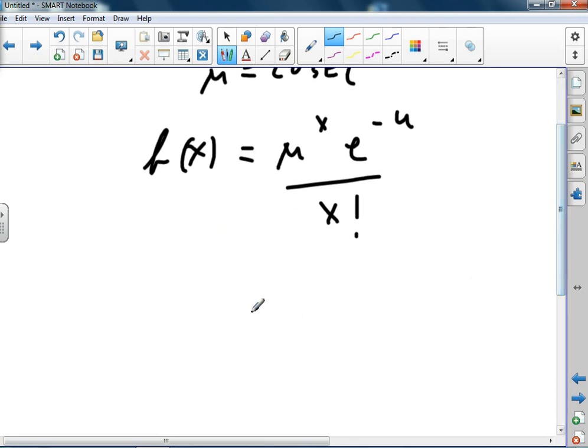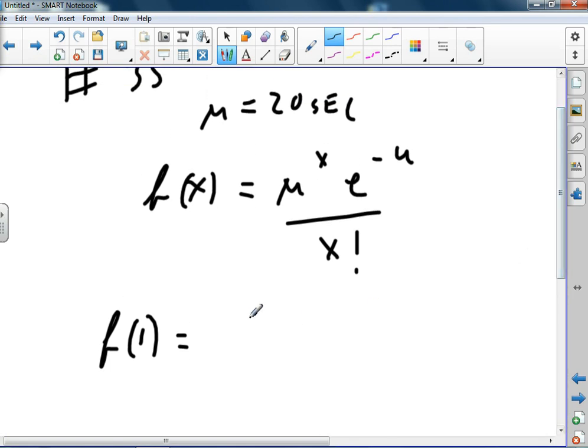Okay, so we'll go with f of 1 because that's easy to do. So f of 1 would be 20 raised to the first power e to the minus 20 divided by 1. Where does that 20 come in?